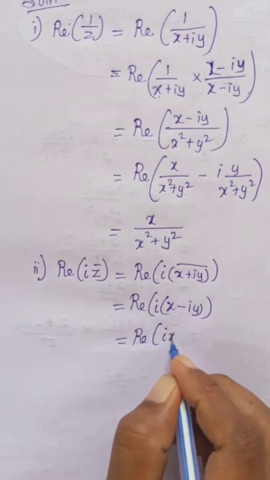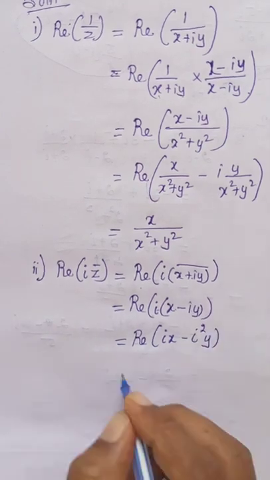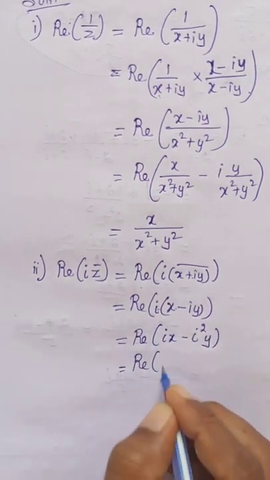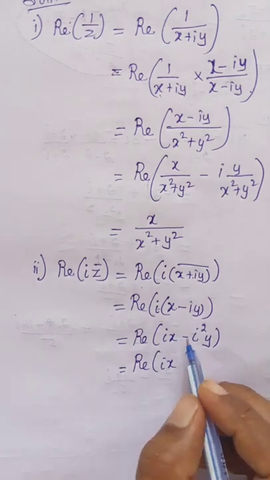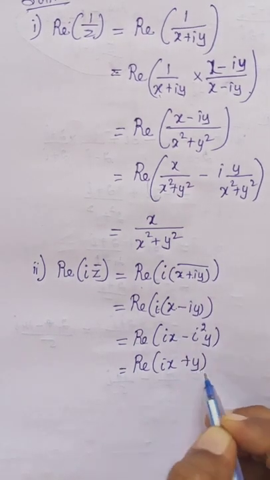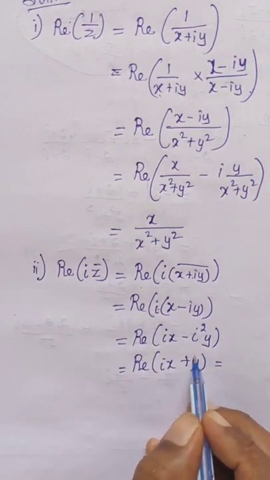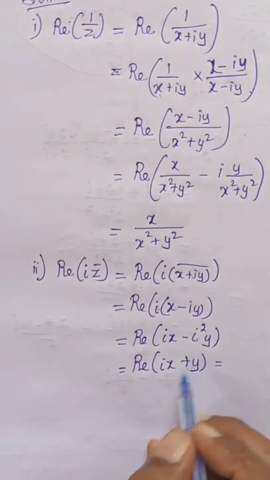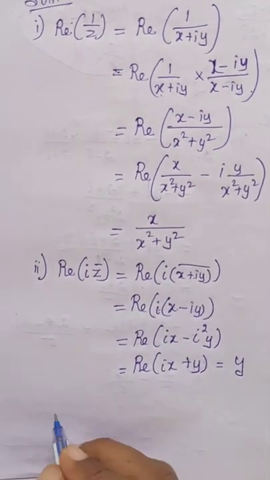This is i into x minus i into i square into y. Now we know that the value of i square is minus 1, so it will become plus y. Now what is the real part of ix plus y? This is the one without the imaginary unit i. So the real part is y.